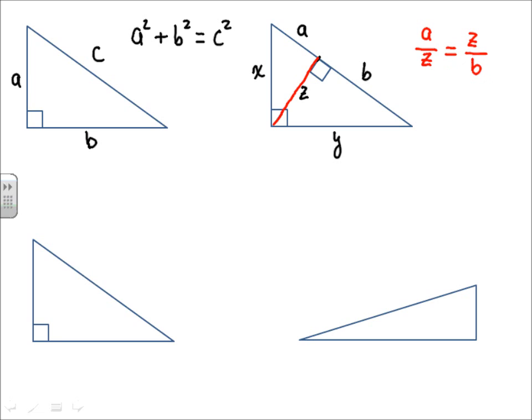The other two statements involve the legs. We'll look at this leg first, the one labeled X. This leg of my original right triangle is the geometric mean, so let's write that. X is the geometric mean of two segments, and the segments X is the geometric mean of are the portion of the hypotenuse that's adjacent to X, so A, and the entire hypotenuse.